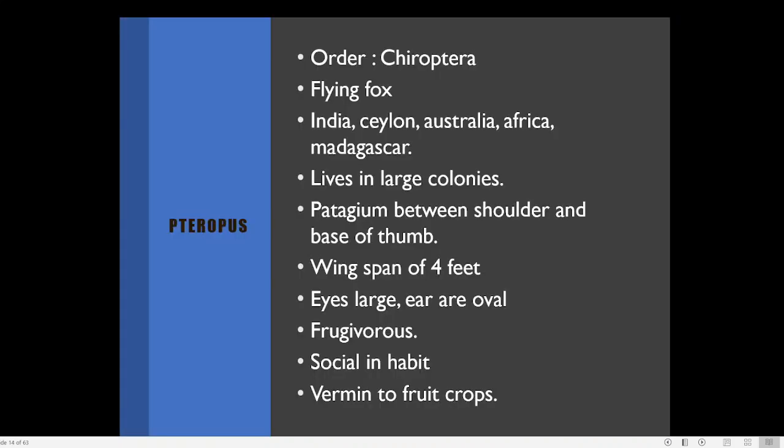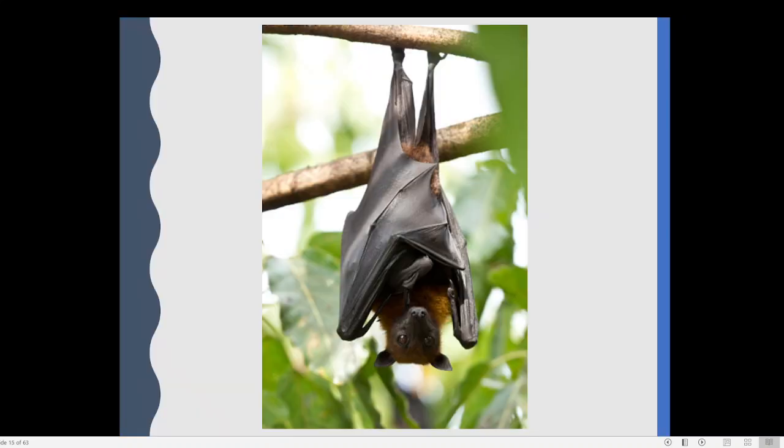Then another important feature, they have larger eyes. Here you can see that they have comparatively larger eyes because they are mainly active during night time. At night there will be very poor light, maybe the light of the moon or a little other light.